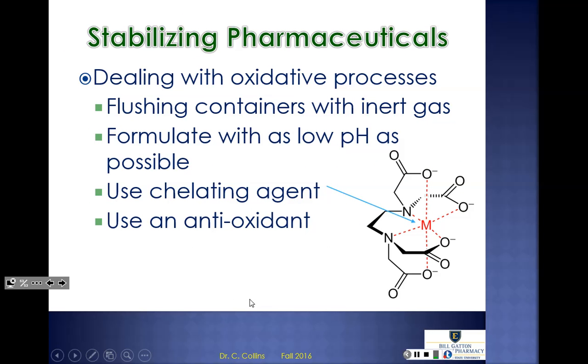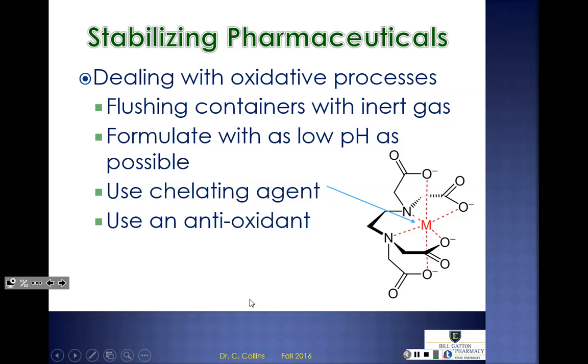Dealing with oxidative processes, we can flush the container with inert gas, if it's a glass container or a non-permeable plastic, which are fairly expensive to do. But that only works until it's opened. Once it's opened, then it's exposed to the atmosphere. Formulate with as low a pH as possible, because oxidative reactions prefer to react at higher pHs.